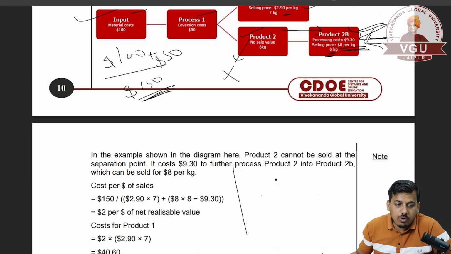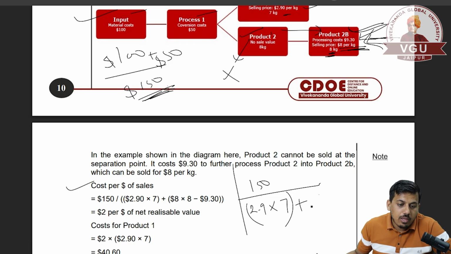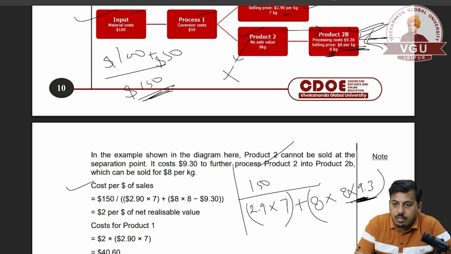So we are just solving it. First of all, we will calculate cost per dollar, 150 divided by the further processing cost. Further processing cost is not there for product A, so the product A value is 2.9 multiplied by 7. This is the total value of product A. And for product B, as we have already understood, it will be $8, and it is minus, not multiply.